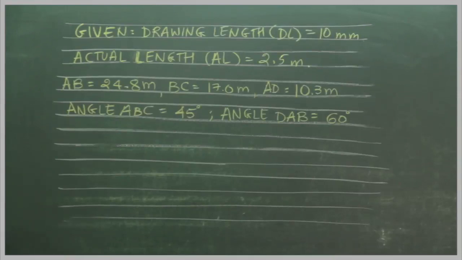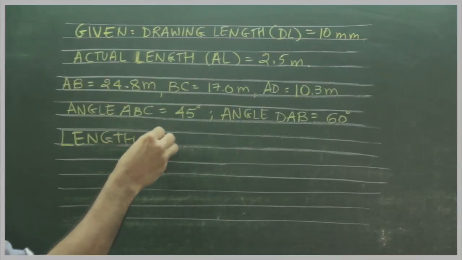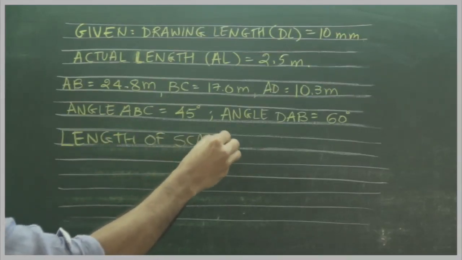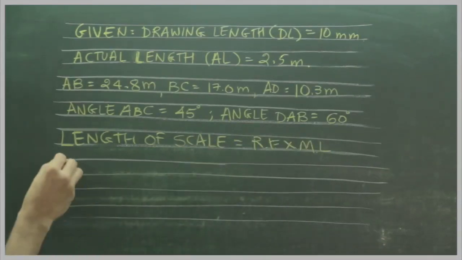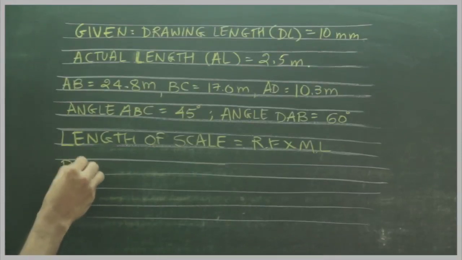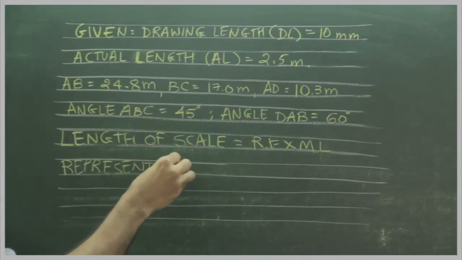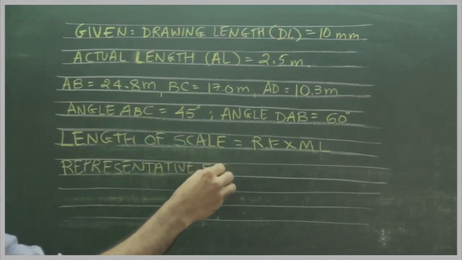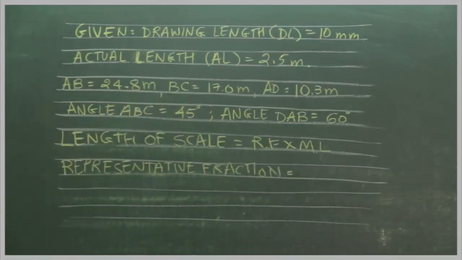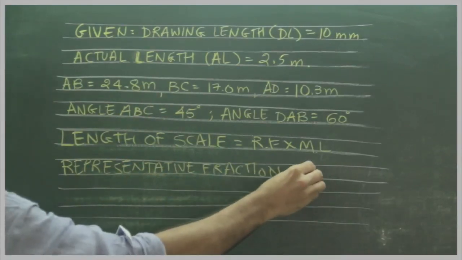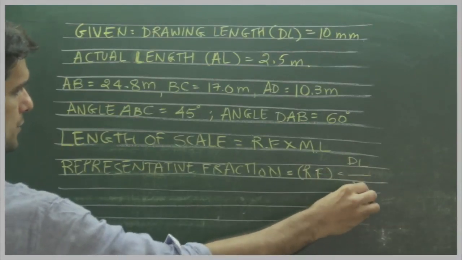First we will write the formula: length of scale is equal to RF into ML. Now what is RF? RF is representative fraction. So representative fraction equals drawing length upon actual length, right?